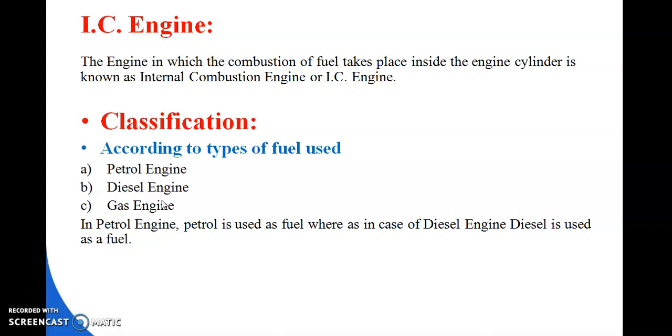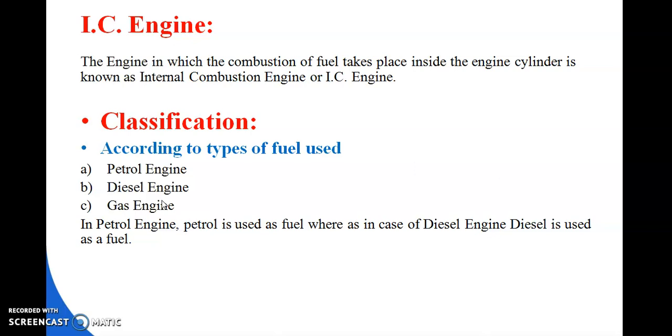When a vehicle runs in a hilly area or on a gradient road, it needs much more torque compared to the RPM. It needs less RPM but more torque.